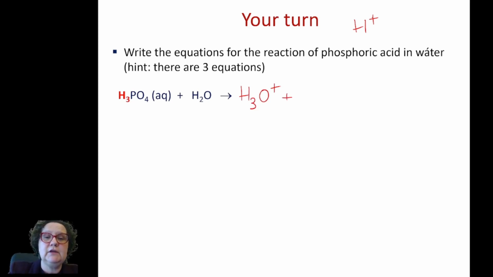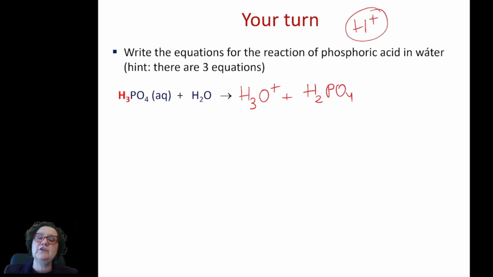Well, I have H2PO4, because one hydrogen ion has already left the molecule. The hydrogen went away as an H plus and it left the electron pair behind. So you have a negative charge from the electron that the hydrogen has left behind that is now under the influence of the phosphorus and the oxygen. And the ion you have formed is called dihydrogen phosphate.